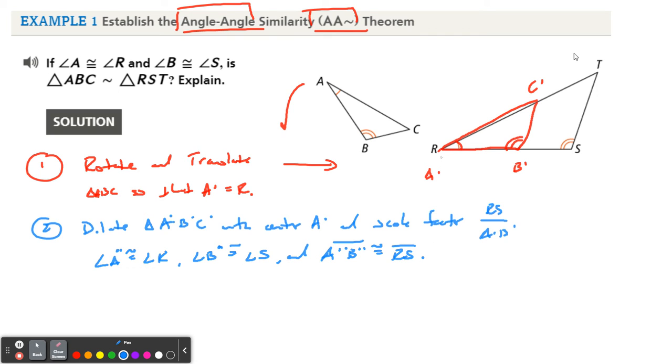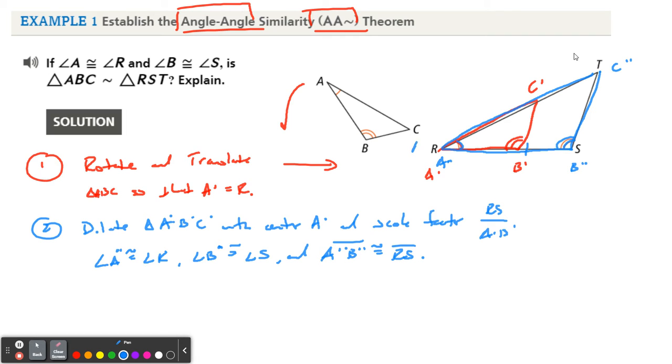So this will now still be A double prime, B double prime will be over here now, and it'll still be congruent. Here's what the triangle ends up. This will be C double prime. And there's our finished picture. Because we used the scale factor of RS over A prime, B prime, this segment A double prime, B double prime in blue will be congruent to RS, which was the original long segment.